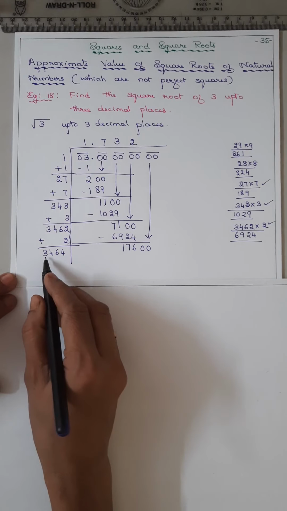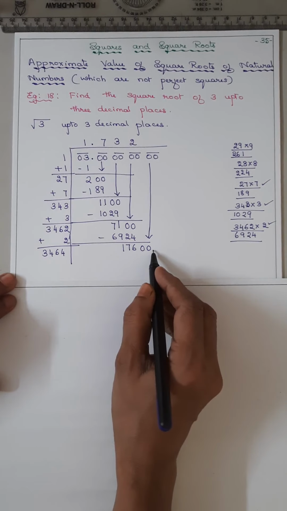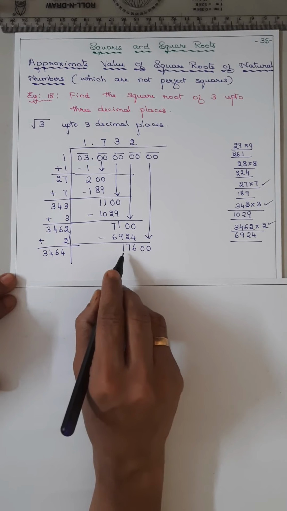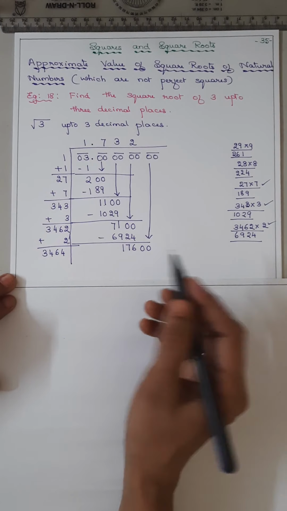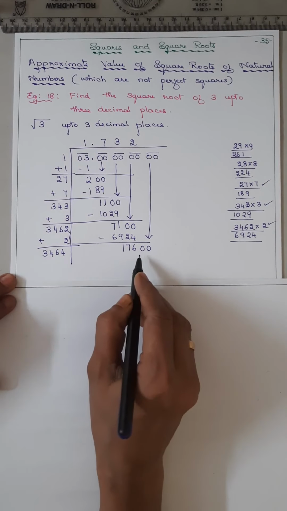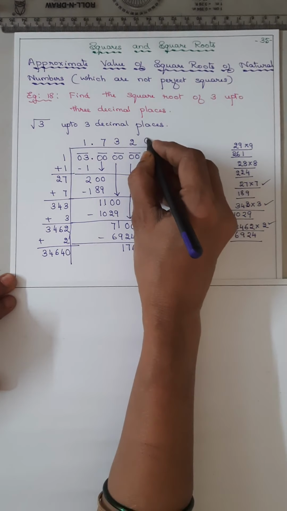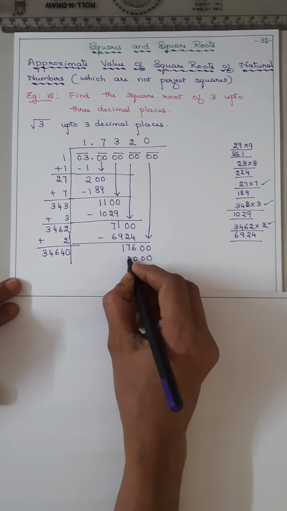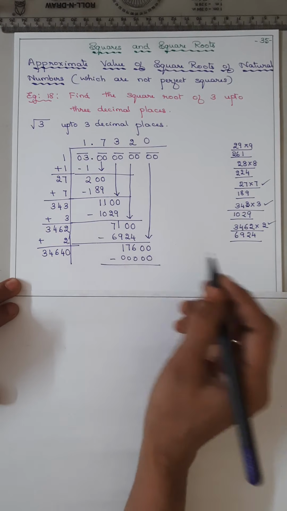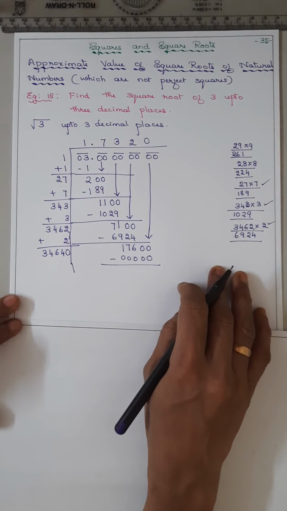Now here there are 4 digits, here 5 digits. So we have to ask only 1 digit. 3, how much? 1 zeros, isn't it? Even if we put 1, it will be bigger. So that is why it is 0. There is no need of finding the remainder and all.